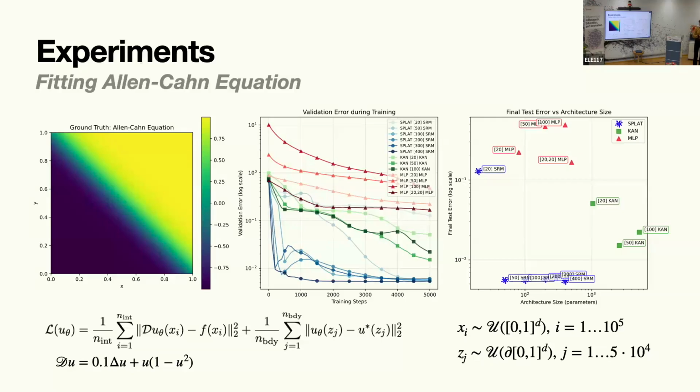And so in order to perform training, we do two things. We sample interior points randomly, and we sample boundary points also randomly. We enforce the boundary condition at each of the sampled boundary points, and we enforce the PDE at each of the interior points. And crucially, there is never any observation of the solution on the interior points during the fitting.